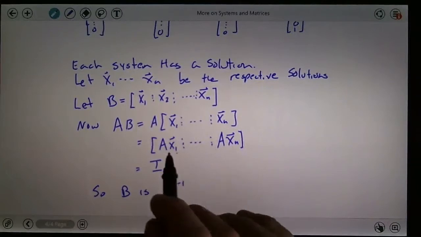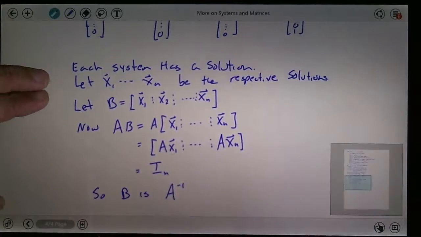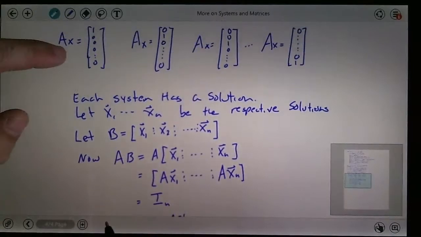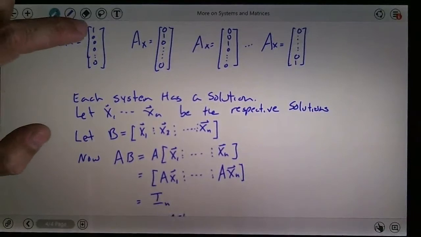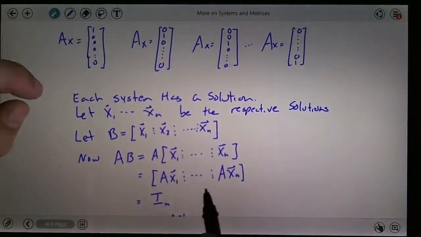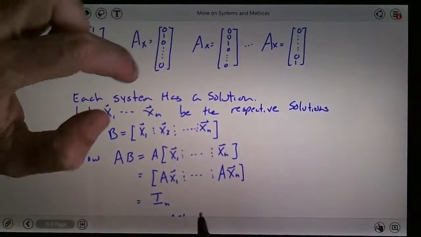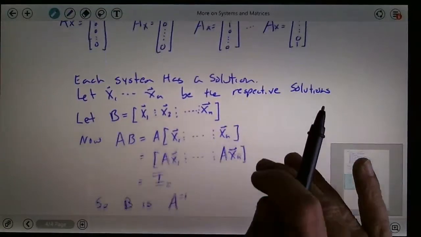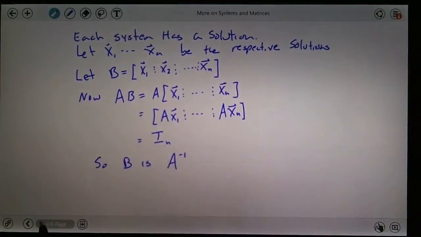Okay. But notice that A times the first column, well, this was a solution to this system. So A x1 is going to be 1, 0, 0, ..., 0. A x2 is going to be 0, 1, 0, ..., 0, and so on. So what we have here is that this matrix is the identity matrix, the n by n identity matrix.